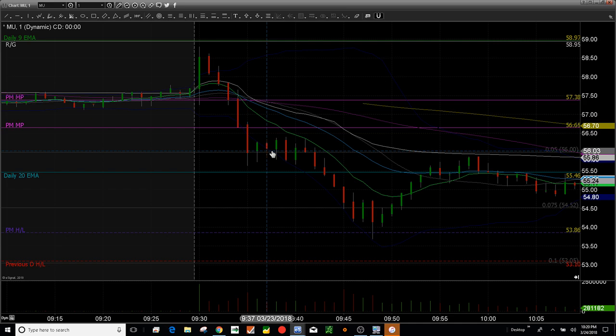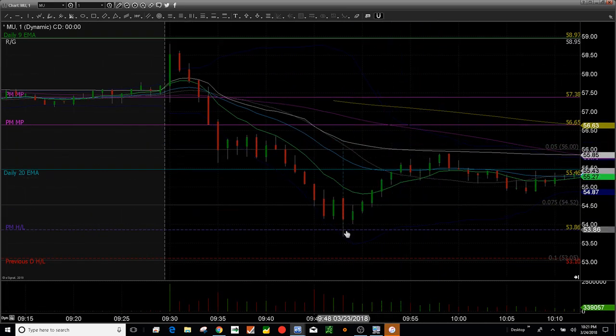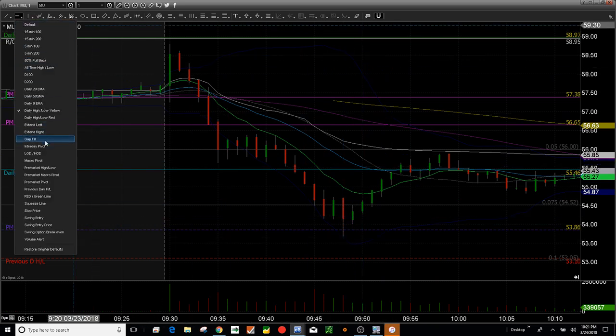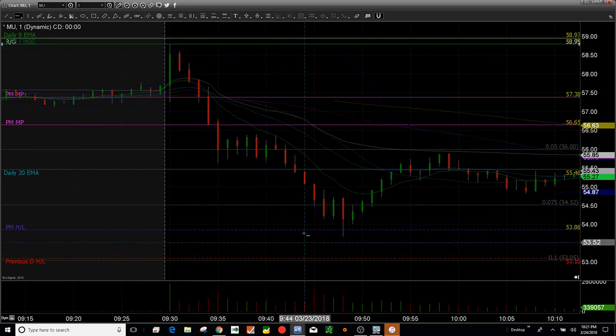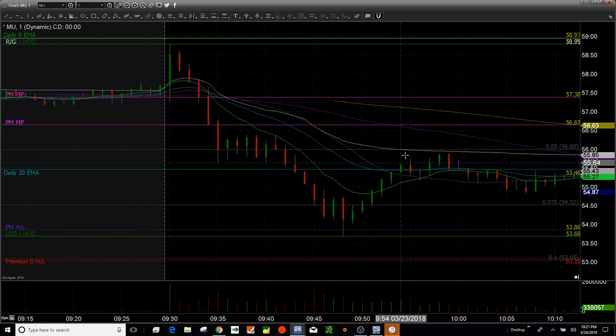Okay. Now the next trade I want to talk about is this one here where it finds the bottom, so you can mark this if you want. Here's high of day, here's low of day for now, and here's VWAP.